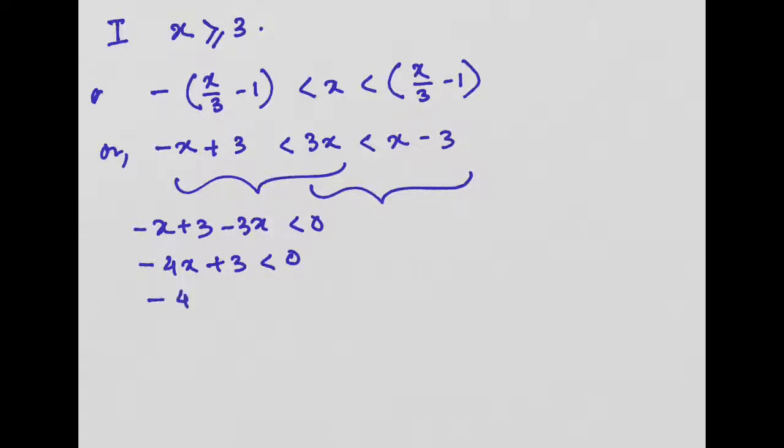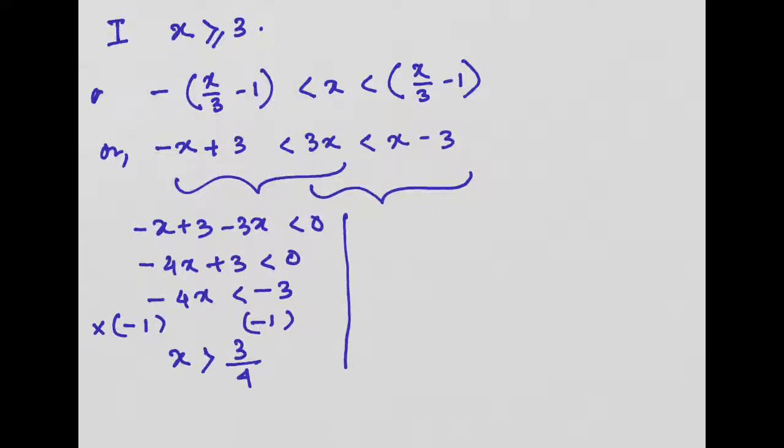Now minus 4x less than minus 3, and again multiplying with minus 1 on both sides, my sign will also change, so x is greater than 3 by 4.